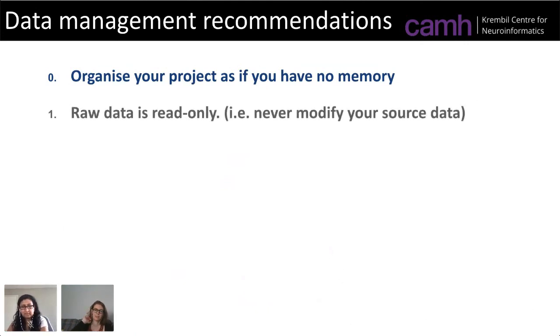The second, and this is important, is raw data becomes read-only. In other words, never modify your source data. This is important because, hopefully this isn't the case for a lot of you, some people download spreadsheets and then they modify them in place and they don't keep the original.